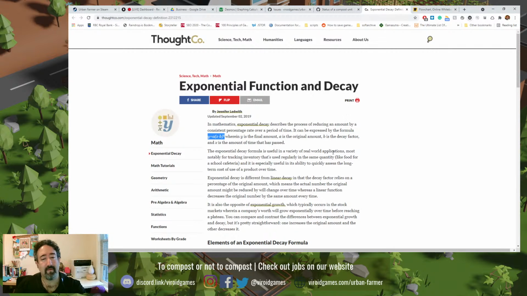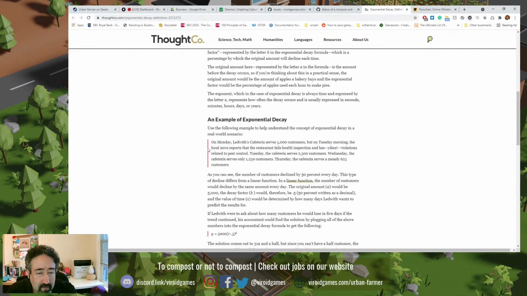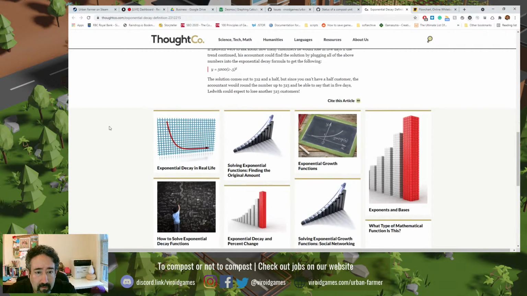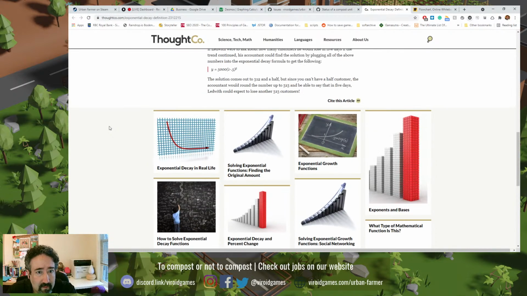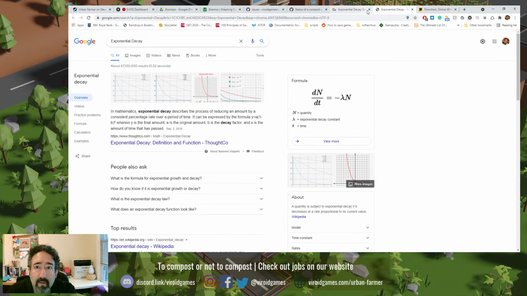Okay, let's see if we could find other decay functions. I think we may actually come back to this. I think I remember reading about this. Eventually, I left it here.